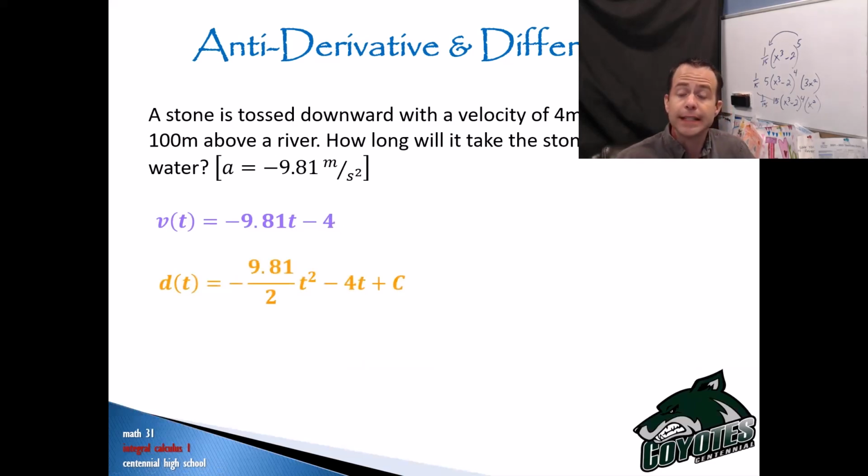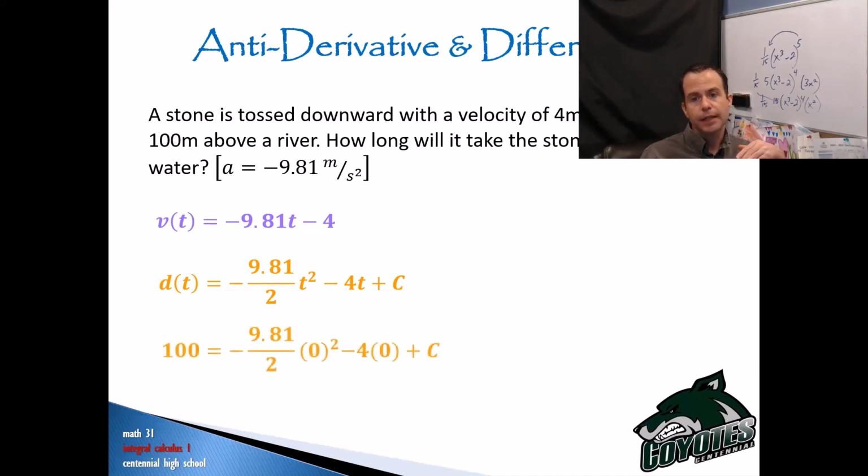Okay, so now I need an initial condition to plug into this. So what pieces of the question have I not used yet? It was from a bridge 100 meters above a river. So at time 0, I'm 100 meters in height. Okay, so that means I can plug 100 in for my d of t and 0 in for my t and solve for c.